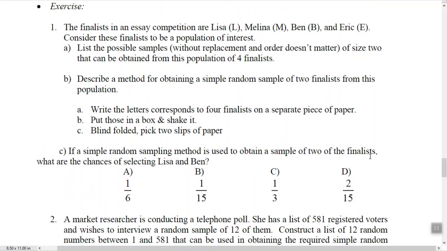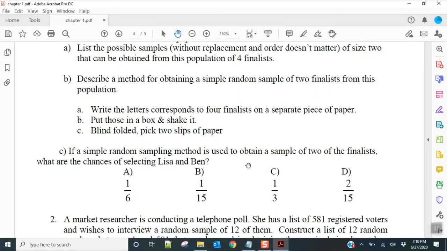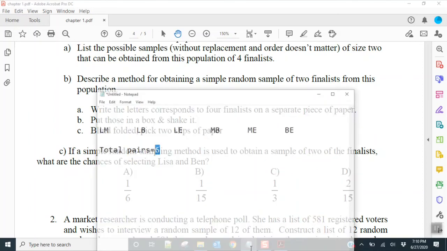The last part of this question is, if a simple random sampling method is used to obtain a sample of 2 of the finalists, what is the chance of selecting Lisa and Ben? L and B should be together here.